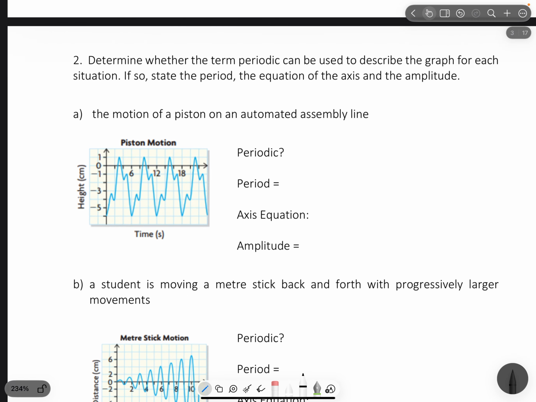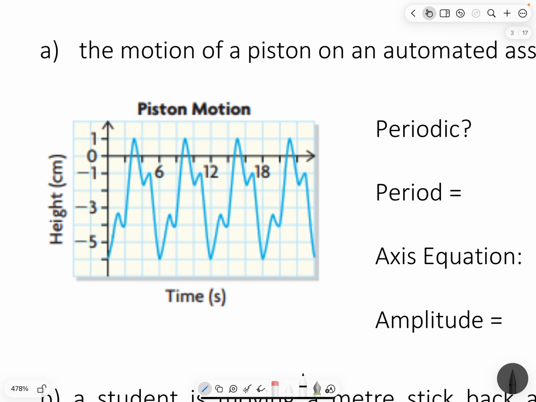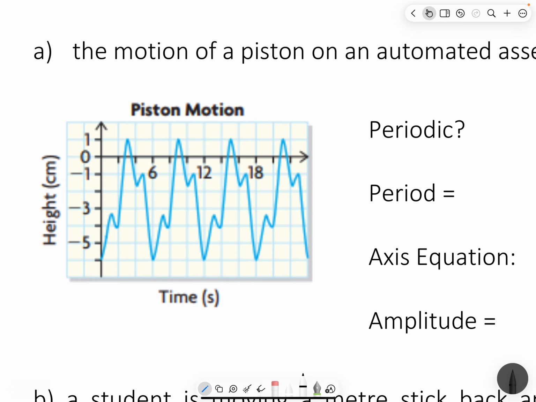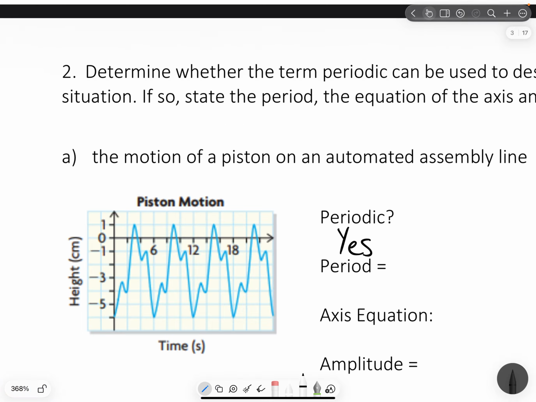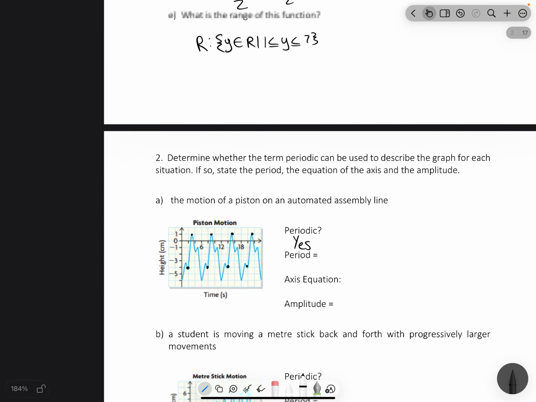If we come down here, this graph, even without highlighting any point, we could see that it's repeating over and over and over again. And so we could write that yes, it is periodic, because we can see that this y value is repeating here, this y value is repeating here at regular intervals.